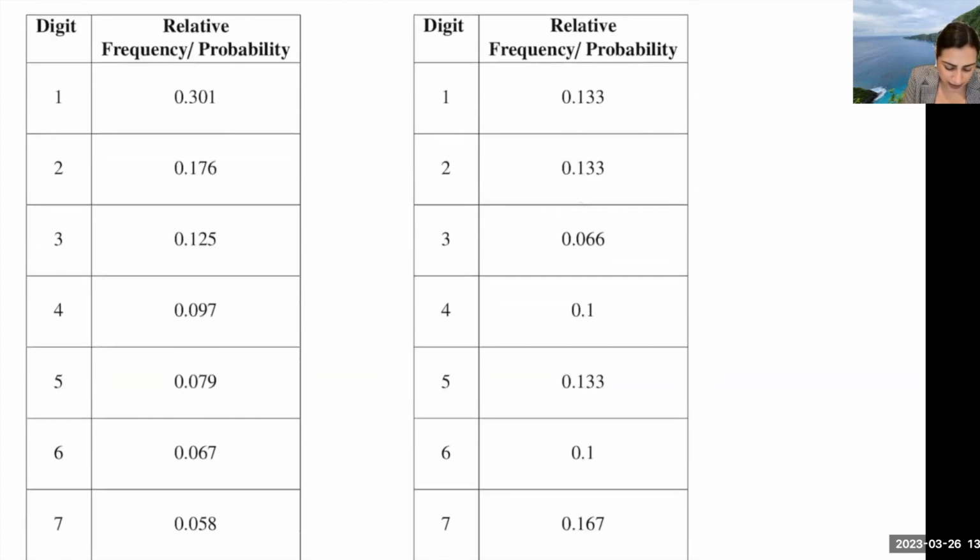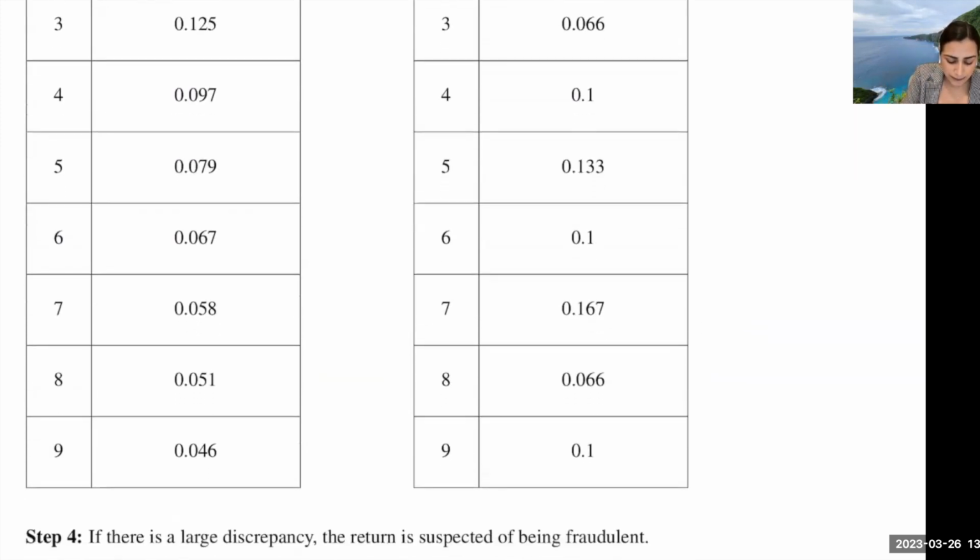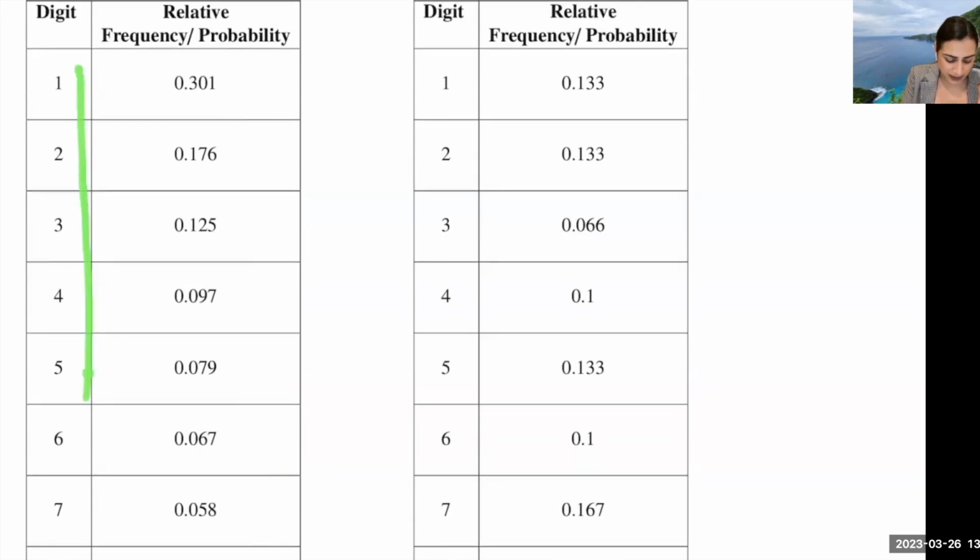Notice how these are decreasing. The relative frequency, the probability, is getting smaller every time as the number gets bigger. As the first digit of my amount increases, the probability that it occurs should be less.